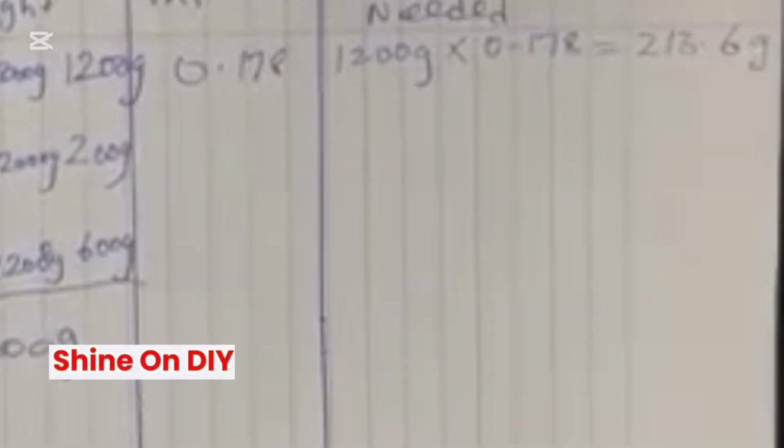When we do the multiplication, what we get is 213.6. This is the amount of caustic soda that we need to saponify this palm kernel oil: 213.6 grams of caustic soda.